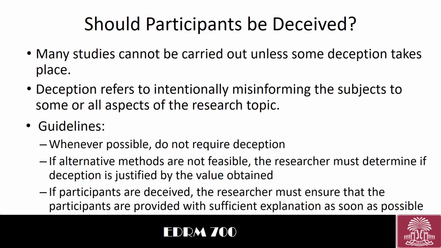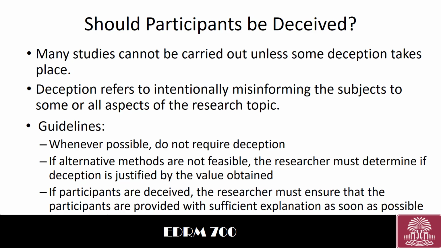This happens often in experimental studies because students may be randomly assigned to different treatment or control groups in such a design. As deception can cause harm, researchers need to follow related guidelines. First, as mentioned above, no deception should be used if possible.